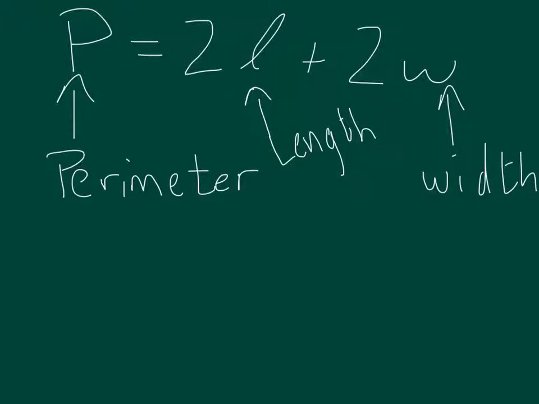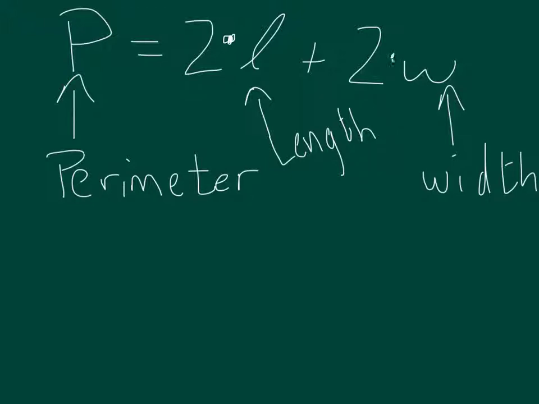Okay, so when we are looking at this formula, it says P, which is perimeter, equals 2L. That 2 and that L, what is the operation in between the 2 and the L? If you look directly in between, that operation is actually multiplication. So it means that it is 2 times the length plus 2 times the width.